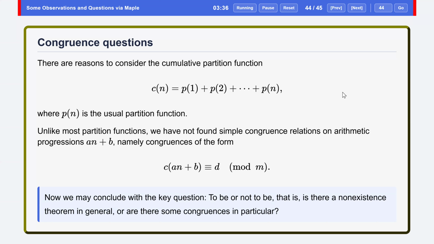But unlike most partition functions, we have not found simple congruence relations on arithmetic progressions, namely congruences of the following form. So now we conclude with the key question, to be or not to be: is there a non-existence theorem in general, or are there some congruences in particular? It's up to you to give the answer.